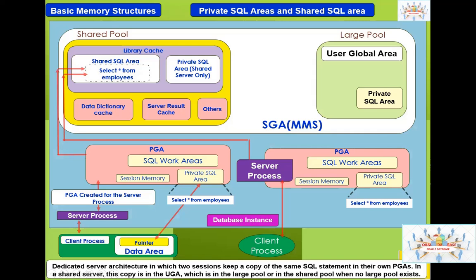In shared server, the copy is in the UGA. That's why UGA means within the shared pool or the large pool. That's what the second part says: in the large pool, or the shared pool when no large pool exists. If this is not configured, it is definitely going to be in the shared pool. The behavior is the same for the private SQL area. This has to come to the library cache, and then only it is accessible to the rest of the users.